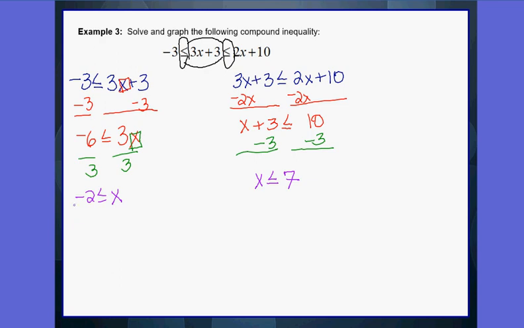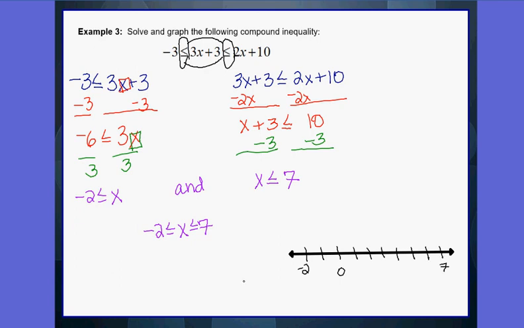So our solution set indicates that -2 must be smaller than or equal to x, and at the same time, x must be less than or equal to 7. We can rewrite this solution set as a compound inequality all in one statement. And now it's time to graph. We want to make sure we include -2 all the way to +7 on here. 0, 1, 2, 3, 4, 5, 6, 7.